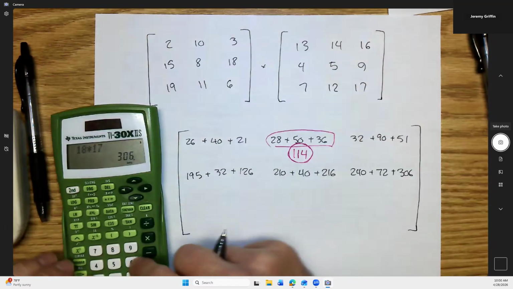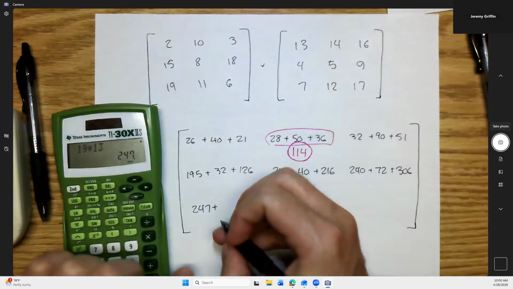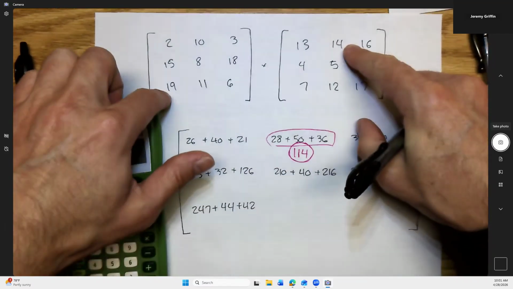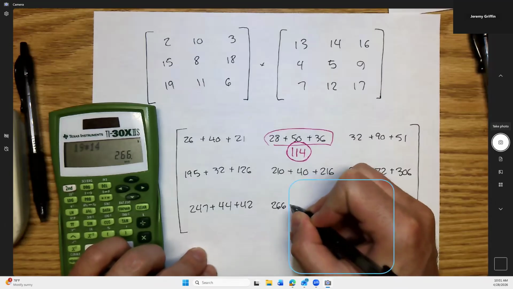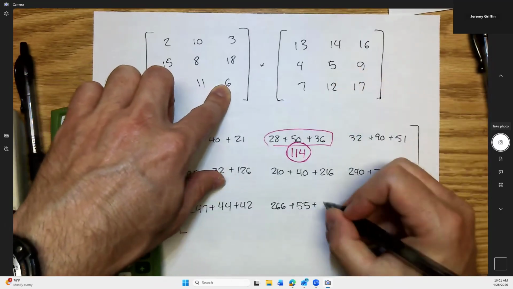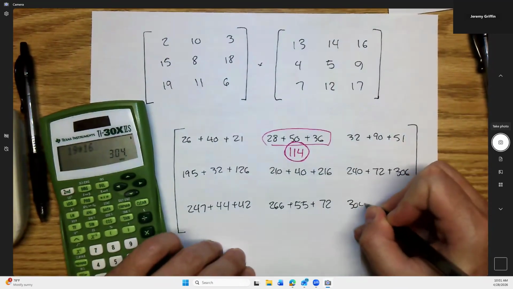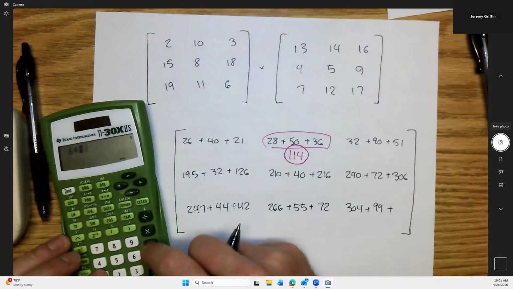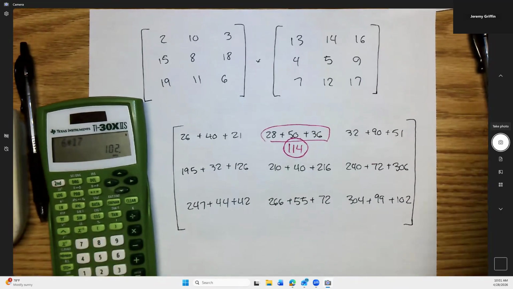Third row, 19 times 13 is 247. 11 times 4 is 44. 6 times 7 is 42. 19 times 14 is 266. 11 times 5 is 55. 6 times 12 is 72. 19 times 16 is 304. 11 times 9 is 99. 6 times 17 is 102. Okay. All right, so then you could find the complete answer if you wanted to.